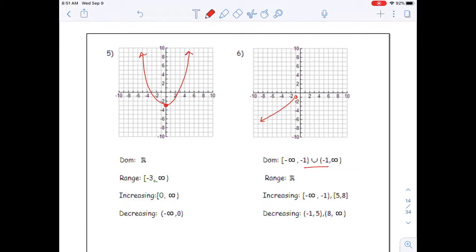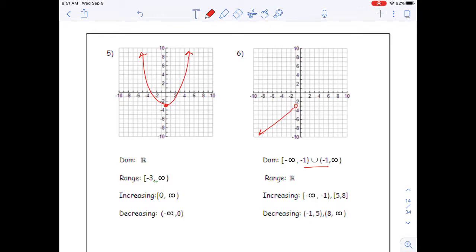And I need to have an open circle at x equals -1. Now, I don't want to confuse you here. I'm going to do that at a little different spot because the y value is also -1, so it's the x value that has to be -1. So anyway, from -infinity to -1, it increases.